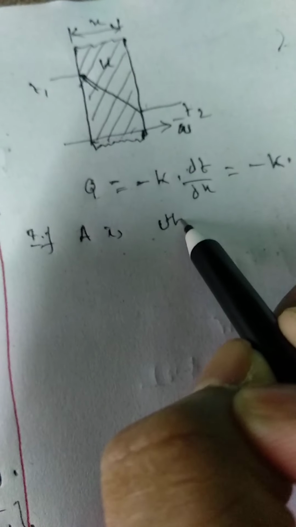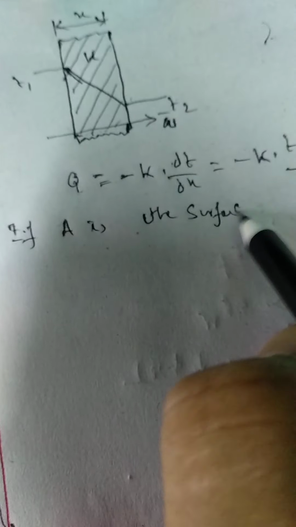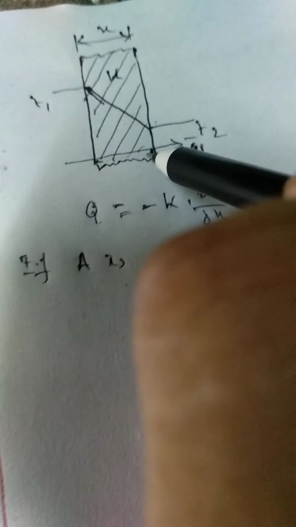If A is the surface area, this is the A. This is a two-dimensional figure.